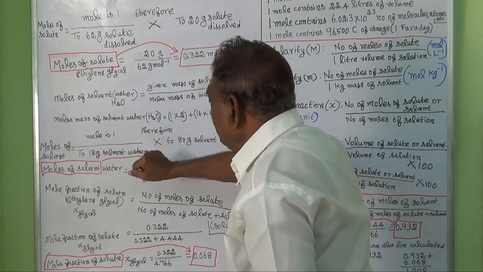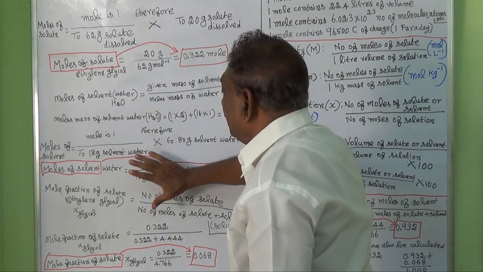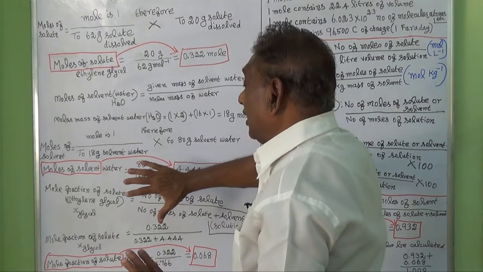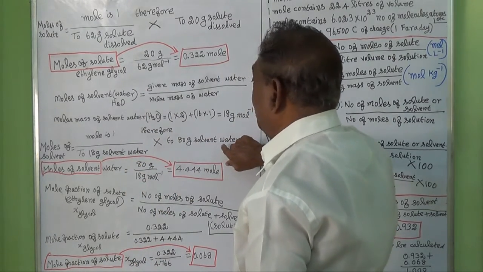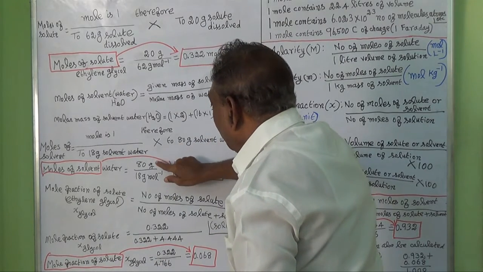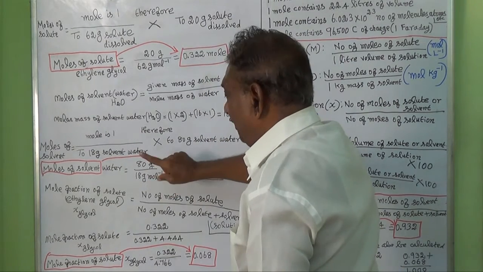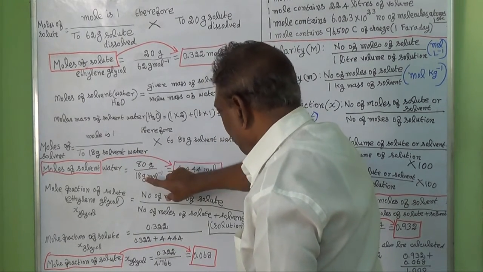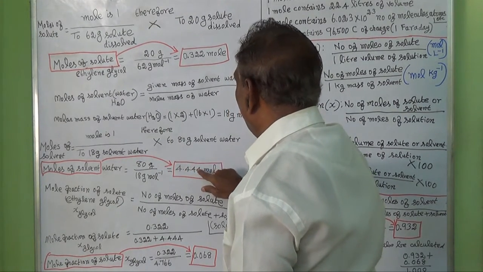In this sum, 18 gram of solvent is not dissolved. Totally 80 gram of solvent, that is water, is dissolved. We will get 80 gram by 18 gram per mole. If we divide 80 by 18, we will get 4.444 moles.